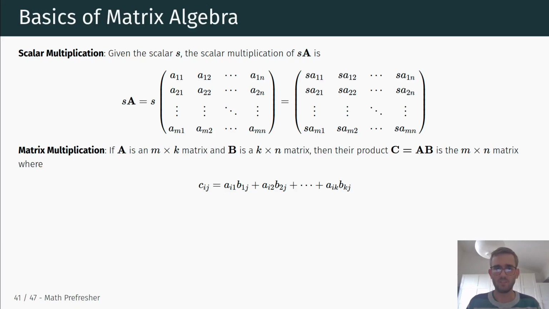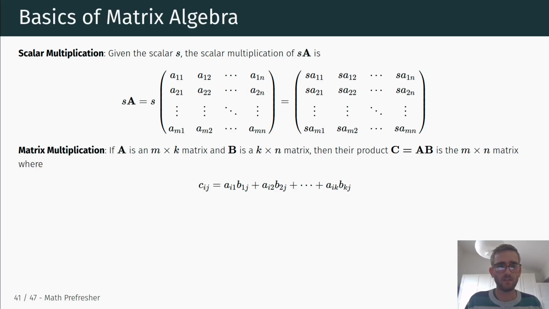This is a general pattern that you will see with matrix multiplication, where each element in C, so Cij, is equal to the sum of ai1 b1j plus ai2 b2j, and so on. So for Cij, the ith row and jth column in our new matrix C, is a sum of the products of the A and B elements of the original matrices.